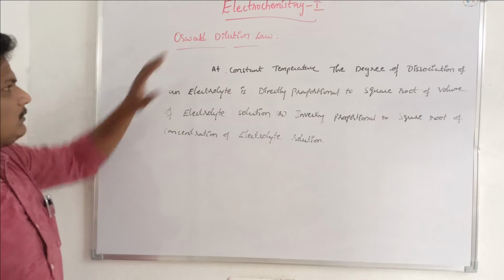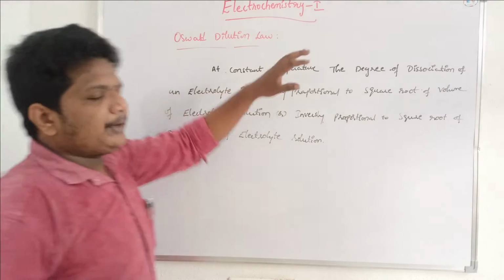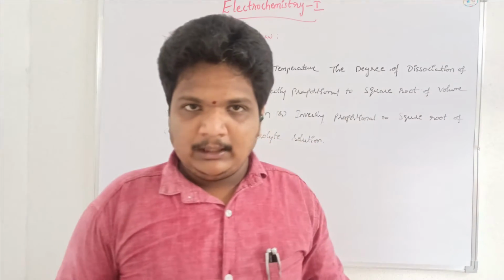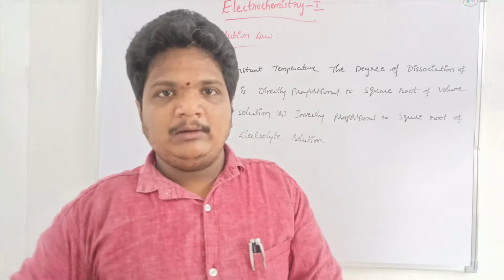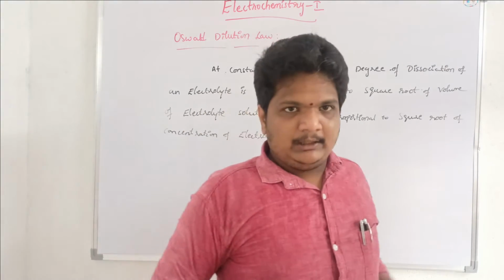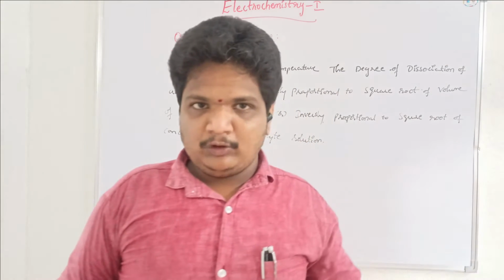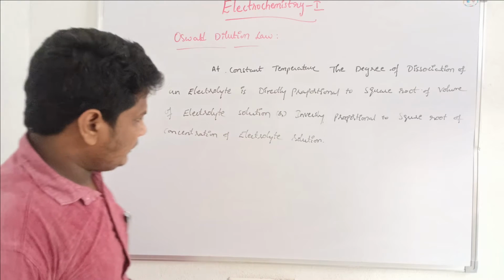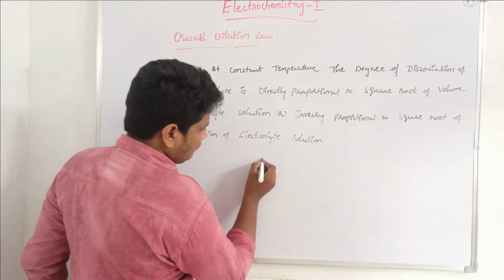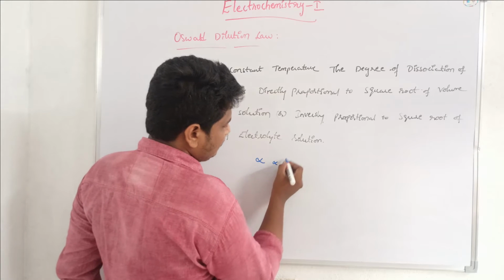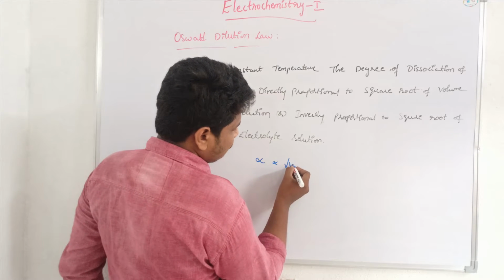According to this Ostwald dilution law, at constant temperature, the degree of dissociation is directly proportional to the square root of the volume of the electrolyte solution, and it is inversely proportional to the square root of the concentration of the solution. So here, the degree of dissociation, that is alpha, is directly proportional to the square root of the volume of the solution.